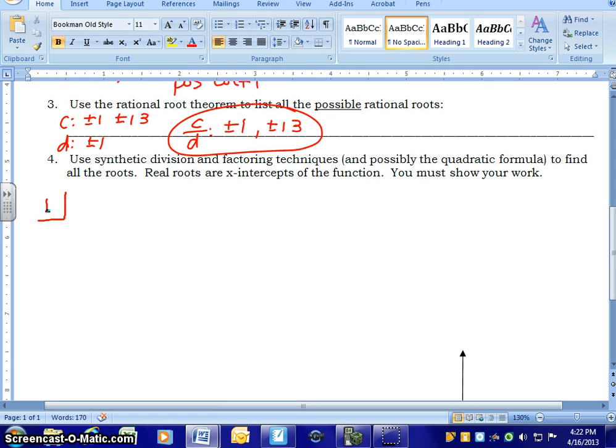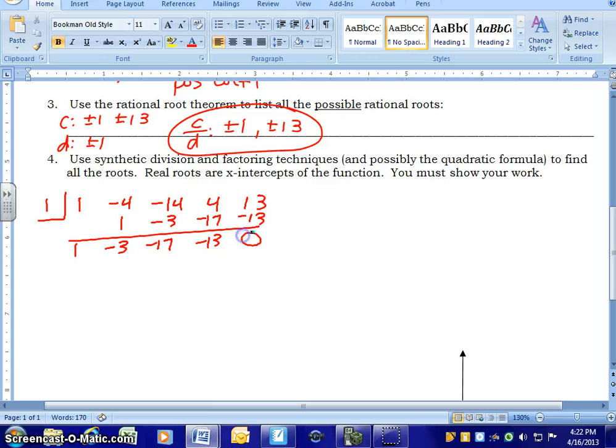So 1 is where I'm going to begin, and 1, negative 4, negative 14, 4, and 13 are the coefficients. Drop the 1, then negative 3, negative 17, and negative 13. So that does indeed work, which is a good thing, because now we already have one of the 4 roots. The next one in my possible list that I'm going to try is negative 1.